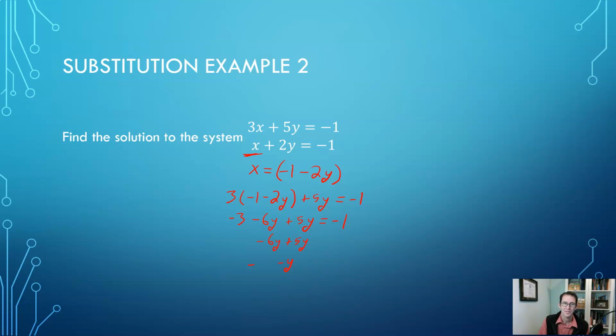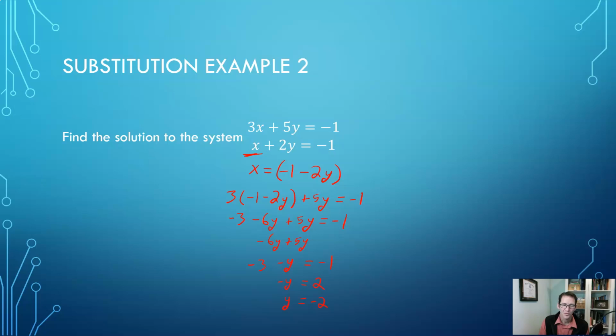Now I also have a -3 here, and that equals a -1. So now I'm going to solve for this. Notice all I did was combine these y terms. So I have -y is equal to -1 plus 3, which is 2. Which means that positive y is equal to -2.